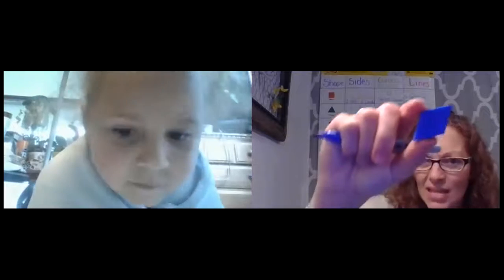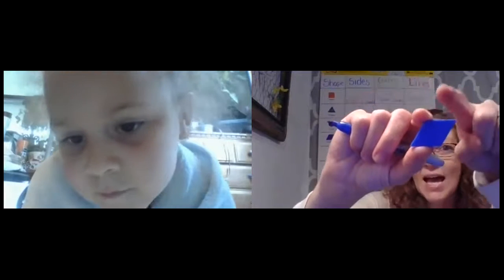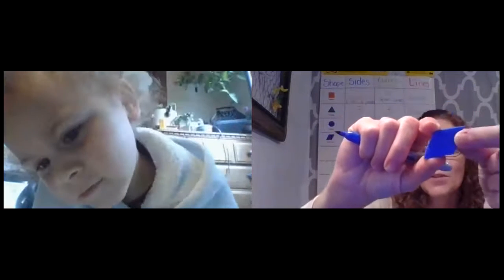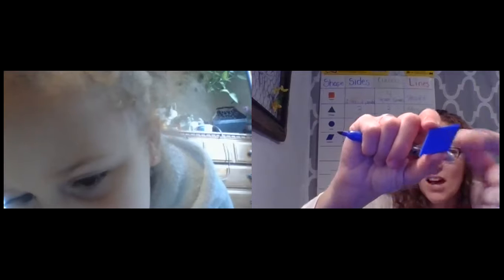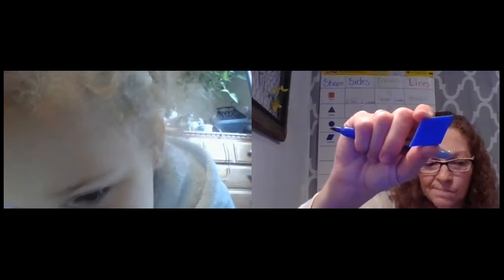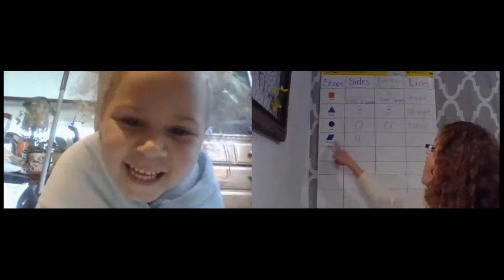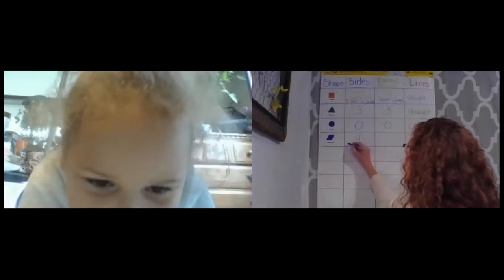Hey, you got it. 4 sides. Now let's look. You might not be able to see this from here, but are the sides all the same length? They're all the same. You're right. So the rhombus has equal sides.